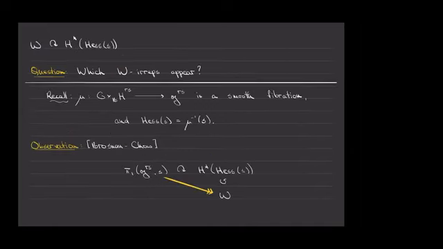The question to answer, or at least answer partially, is which irreducible representations of the Weyl group appear in this action. This question is already answered in type A, when G equals SLN, and this is because in type A, this is a question about a particular representation of the symmetric group.